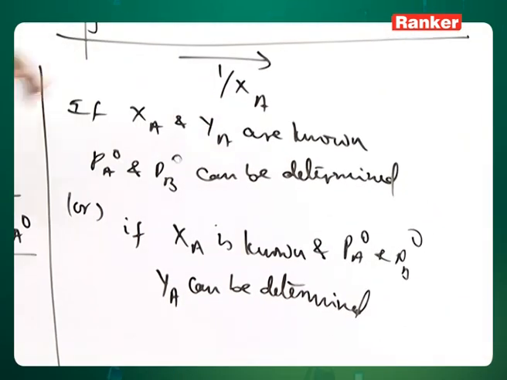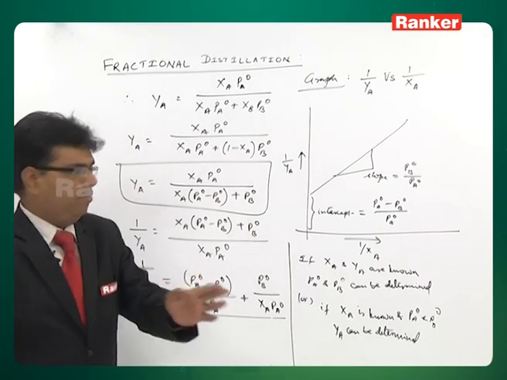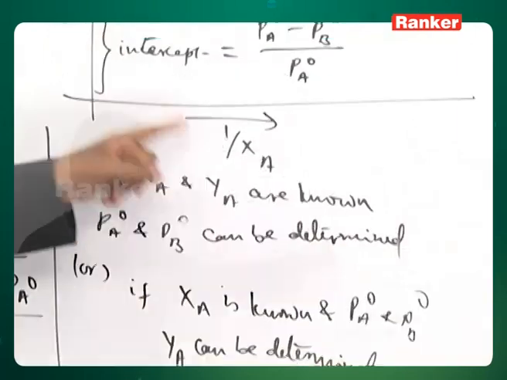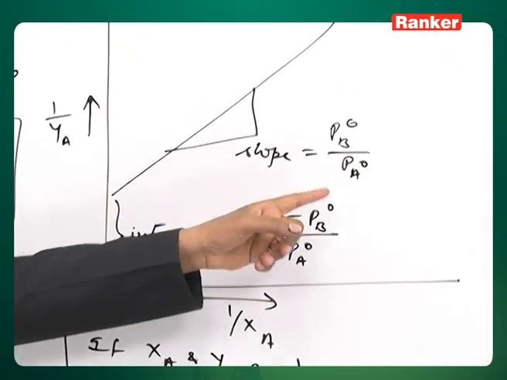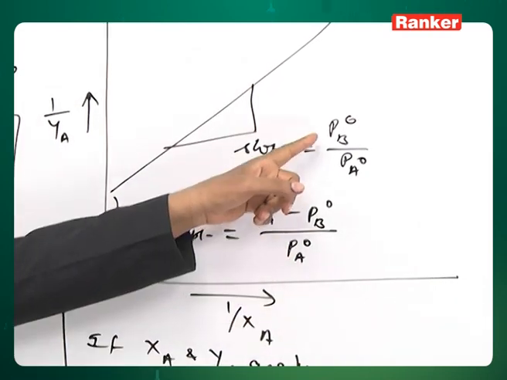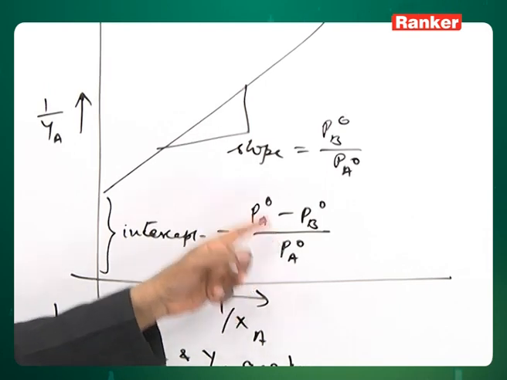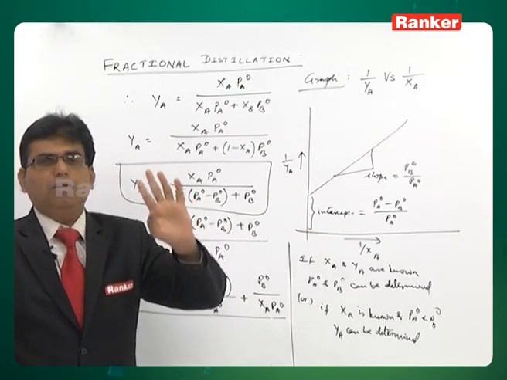So, from the graph, if you know the mole fractions in both liquid and vapor phases for one liquid A, obviously when you know the fraction of A, you also know the fraction of B. So, when you draw the graph for any one of the liquids, you are getting two equations, from the slope as well as from the intercept. So, what you can determine is Pa naught and Pb naught.